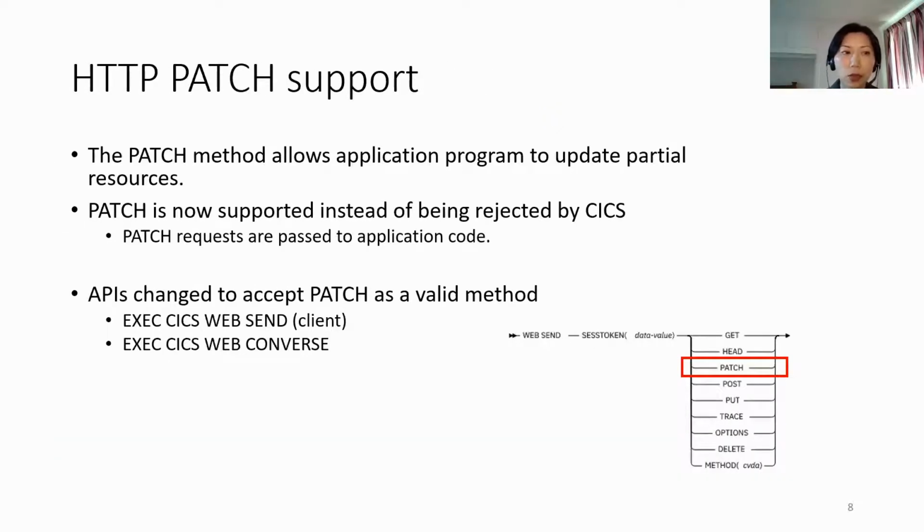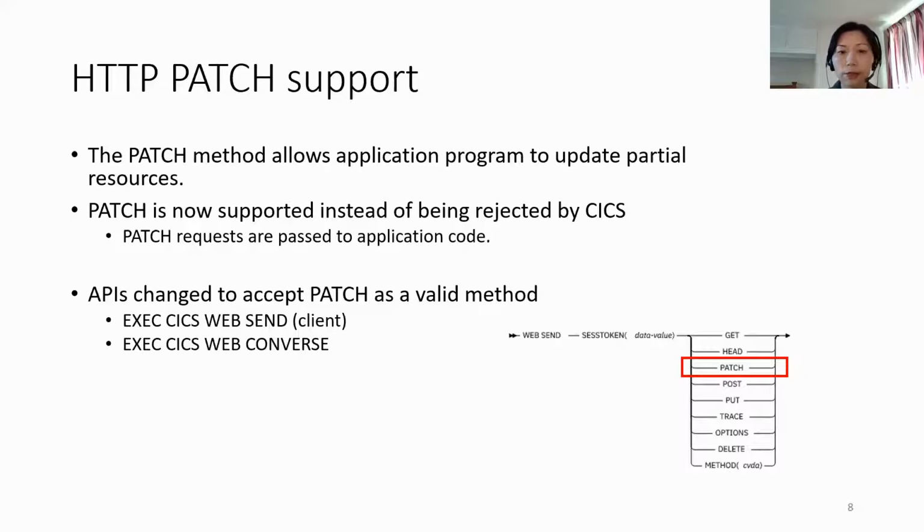The next couple of enhancements at the application level are around web applications. There is an HTTP PATCH method, which allows a program to update some partial resources, for example, just one field in one resource. Instead of sending the whole record, you can just use the PATCH method to send the field and the value to update.